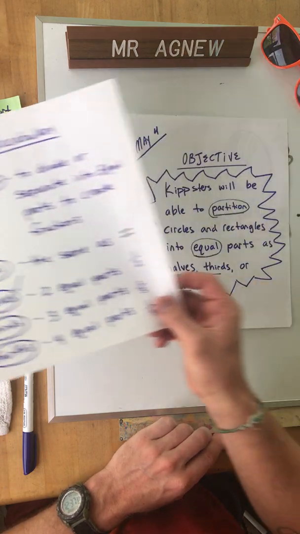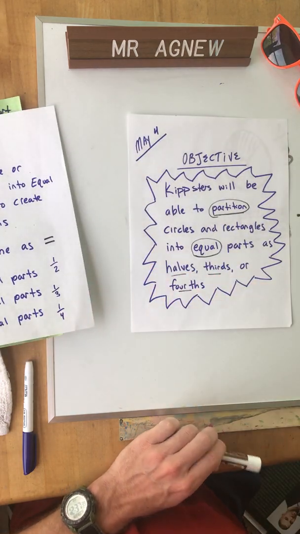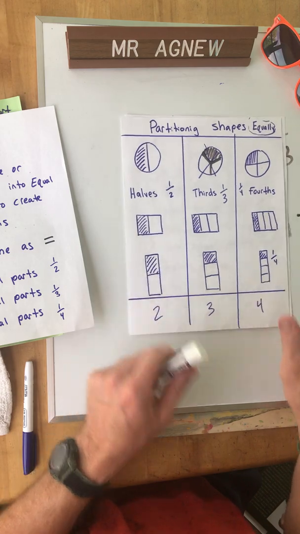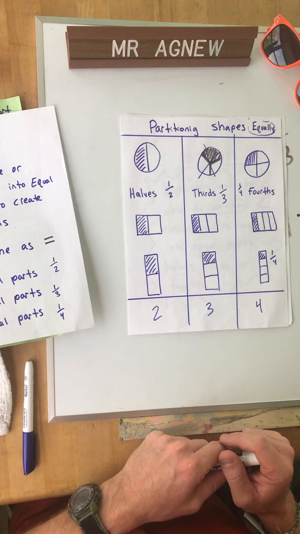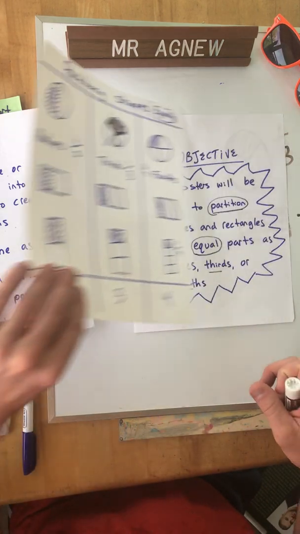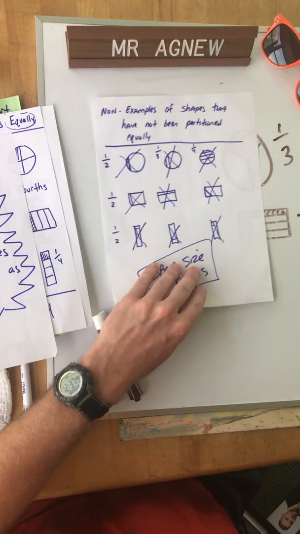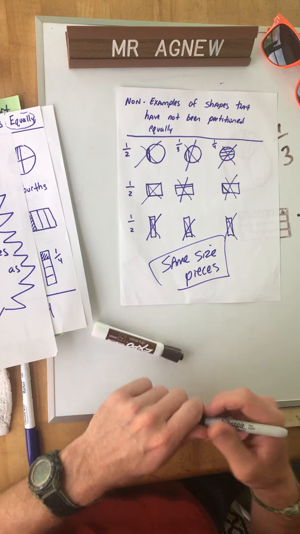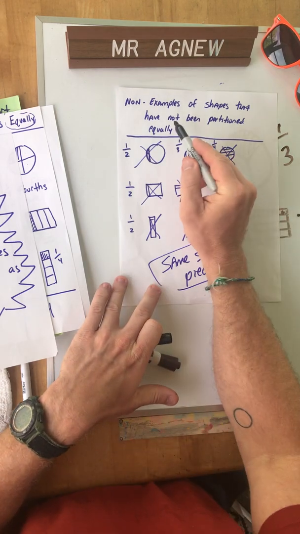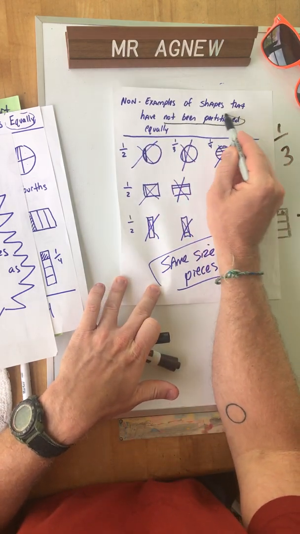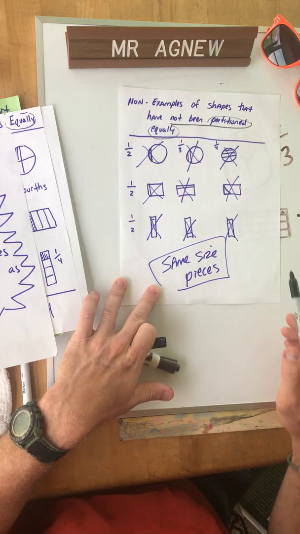Vocabulary to review. This is the chart I would like you to send me. Here are some non-examples. And the key for this non-example, they were not partitioned equally.